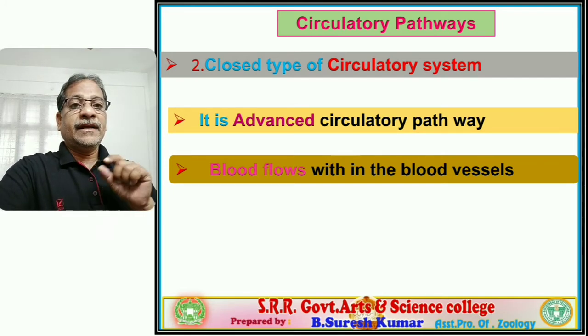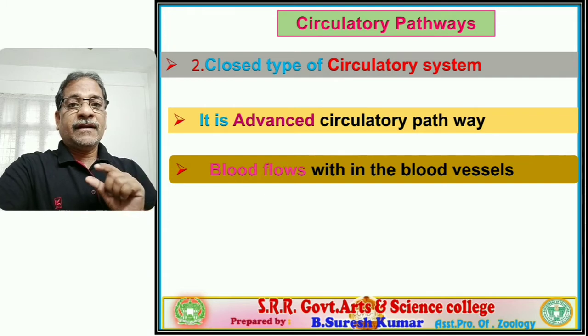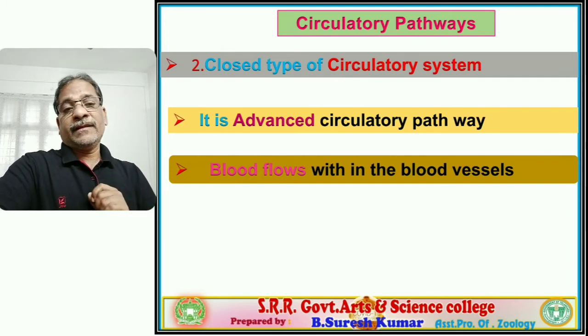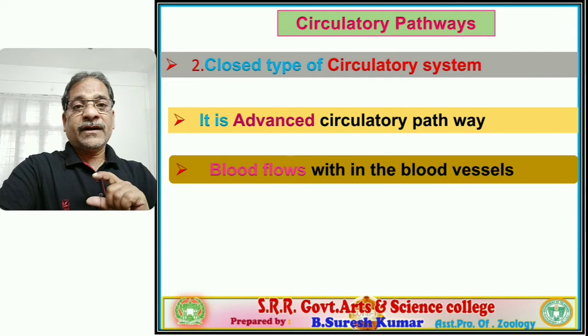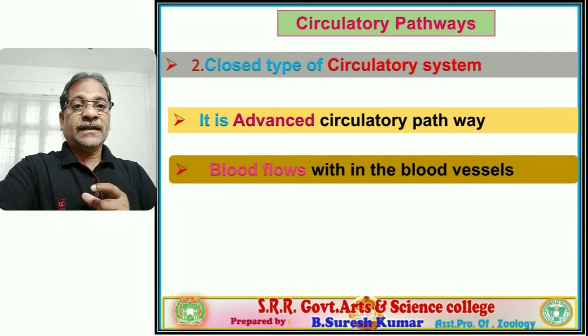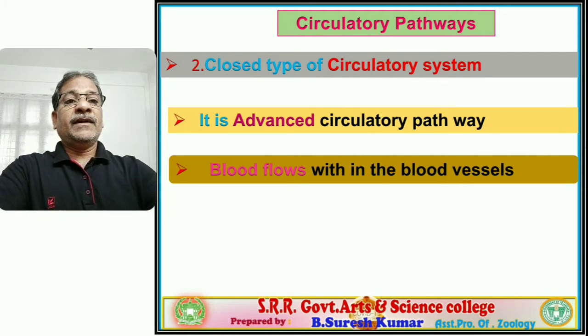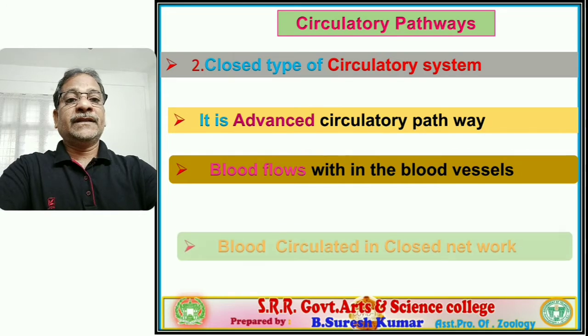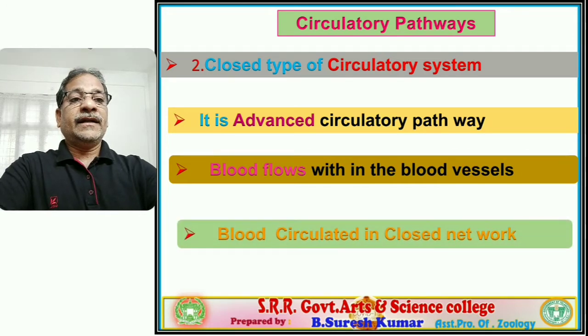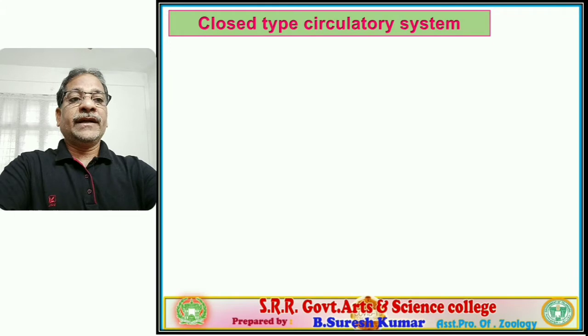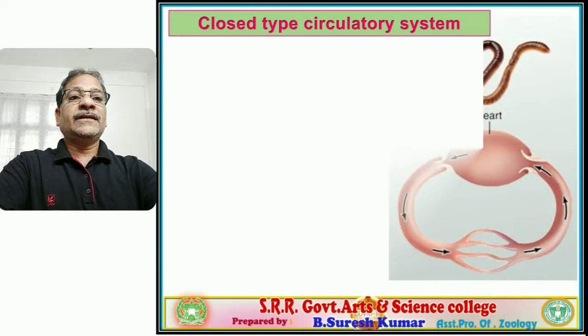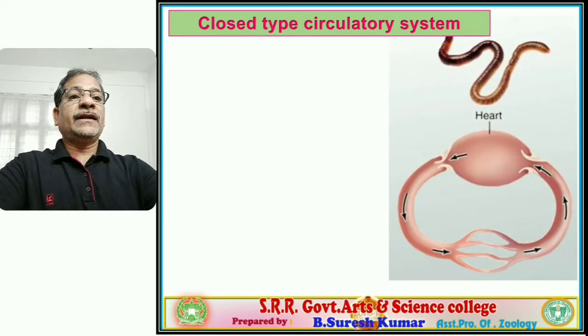But in this variety, the blood never comes out from the capillary network, never comes out from the blood vessel. The blood circulates within the blood vessels, in a closed network of vessels, hence it is called closed type of circulatory system.